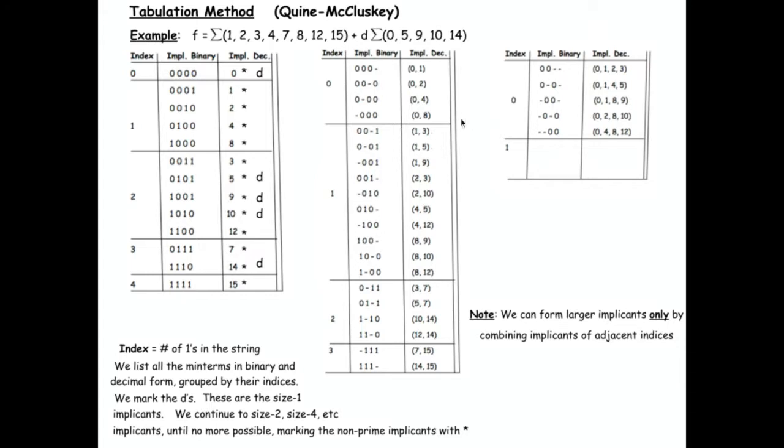Okay, so then we keep going, 0, 4. The only new one is going to be 8, 12, next to 8, 12. So once we find pairs for these implicants, we're going to mark them with stars.